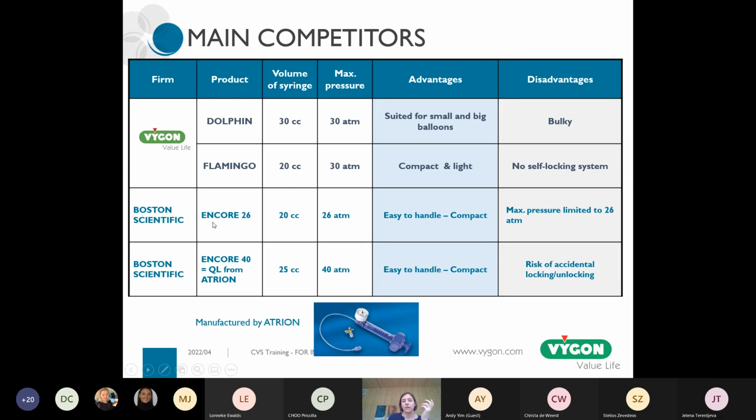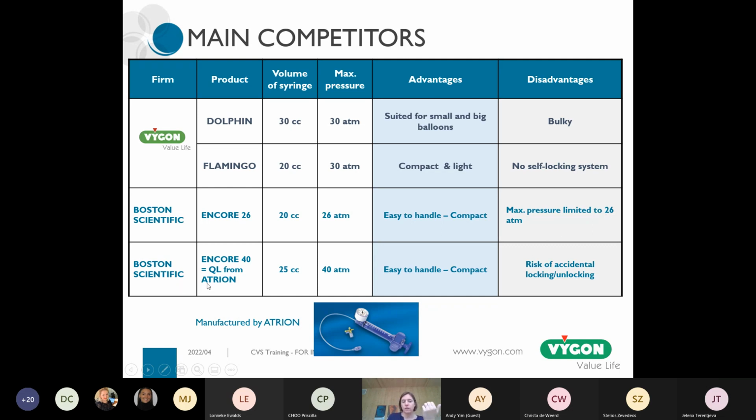You have the Boston Scientific Encore 26. This is the competitor for Flamingo. The volume is 20 cc. The maximum pressure is 26 atmosphere. So it is easy to handle. It is compact. The limitation is that the maximum pressure is 26 atm.